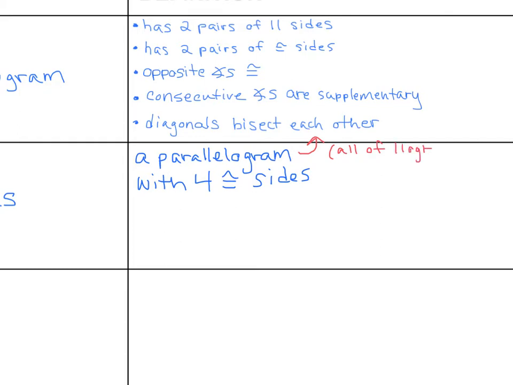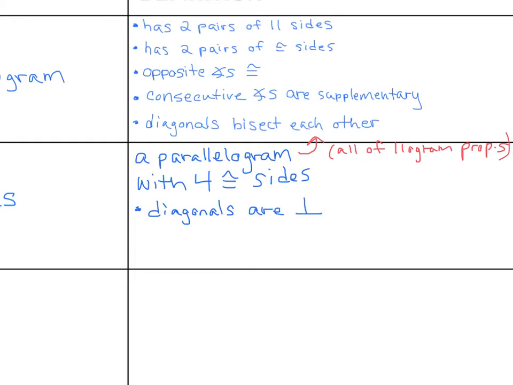I'm just going to abbreviate parallelogram with the parallel symbol, and just remind you that all of the parallelogram properties still hold true for a rhombus, but in addition, it has some other things to add in, and that has to do with the diagonals. The diagonals not only bisect each other, but they are perpendicular.